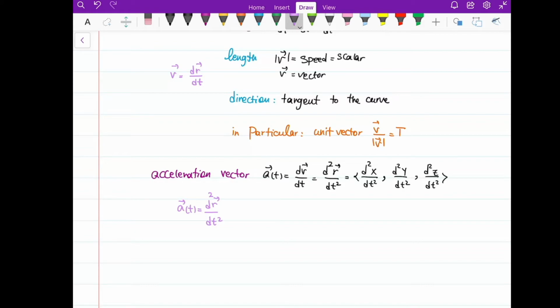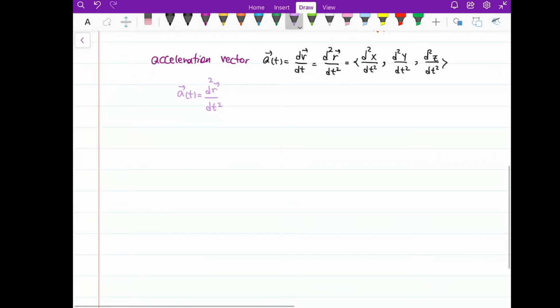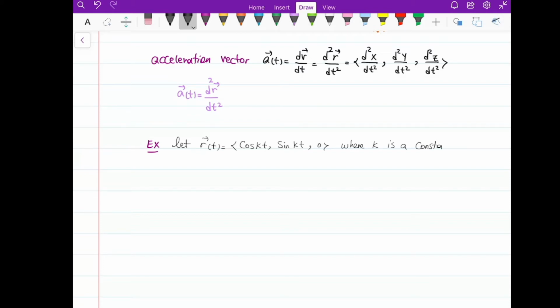Let's look at one example. Let r of t be cosine of kt, sine of kt, and 0, where k is a constant. K is just a number. Then what is the velocity?